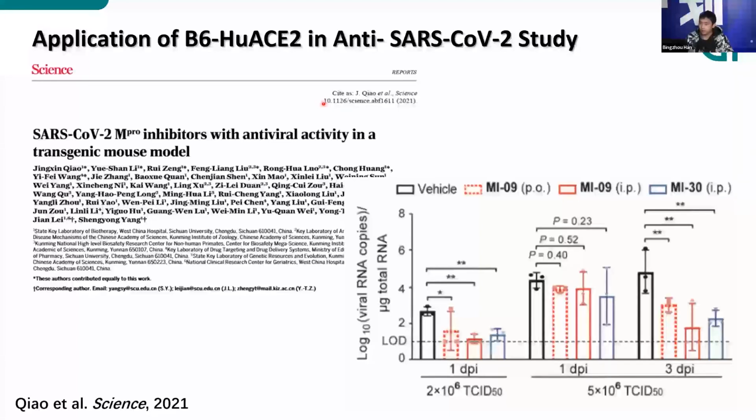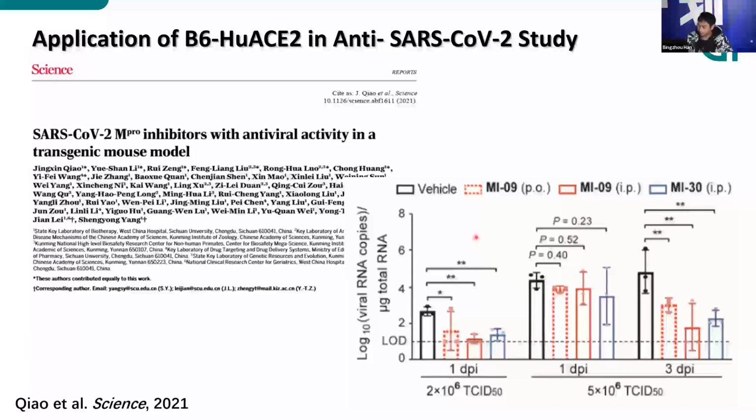Also, our different mice have been applied in multiple mechanism studies or drug discovery studies against COVID-19. And here's one example that was developed in collaboration with the West China Medical School, Sichuan University, and the CAS Kunming Institute. They developed these drugs, MI9 and MI30, for anti-COVID-19 efficacy tests, using our B6 humanized ACE2 model.